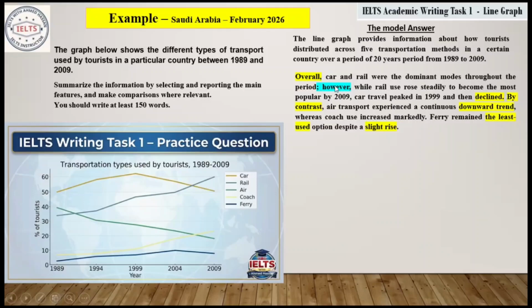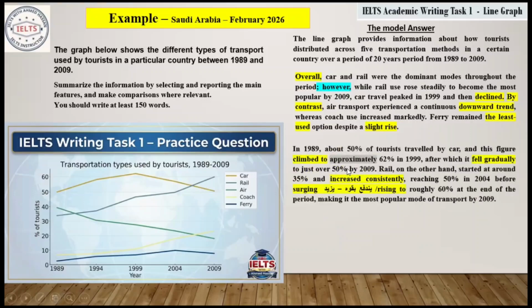Now we will write body paragraph 1 and body paragraph 2, and they should contain the details. In body paragraph 1, you can write something like that. Who can read?